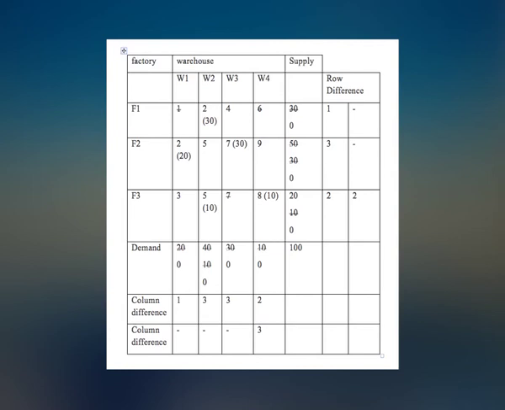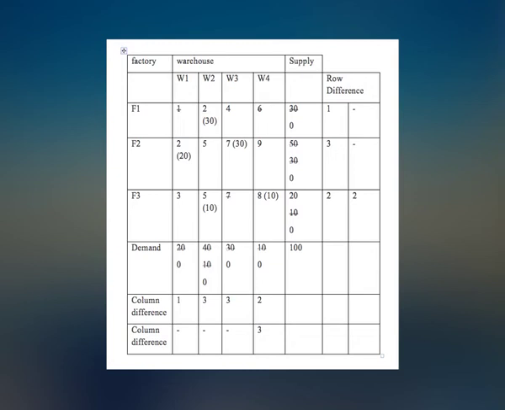In the second step, we will take the maximum penalty, or the maximum number, from the row difference. It is the value 3. This value appears in row 2. So, we will now find the least value in row 2.